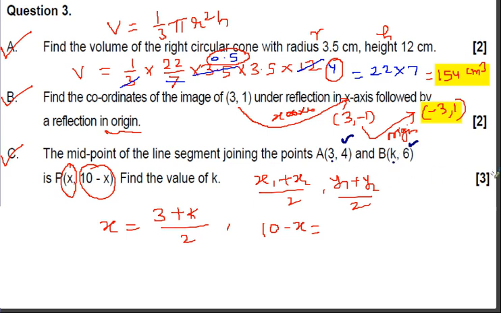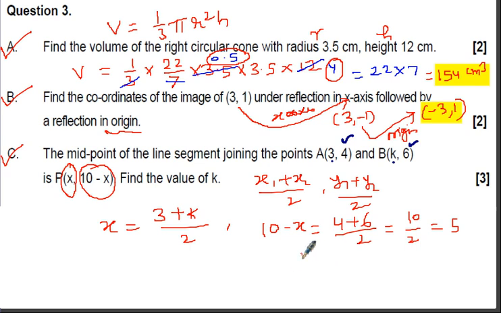So 3 plus k upon 2. Same way we will have 4 plus 6 upon 2, which gives me 10 upon 2, which gives me 5. So here only I can find the value of x.